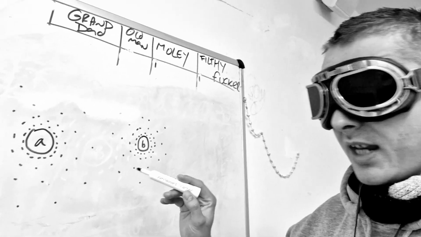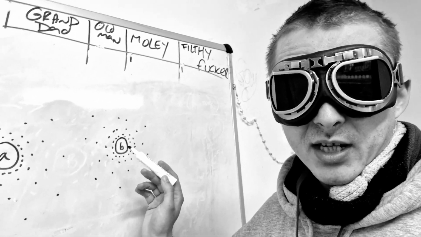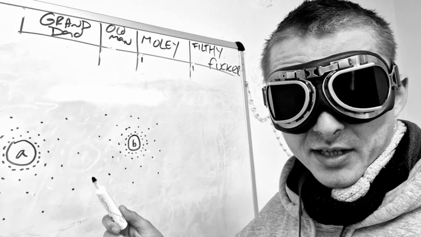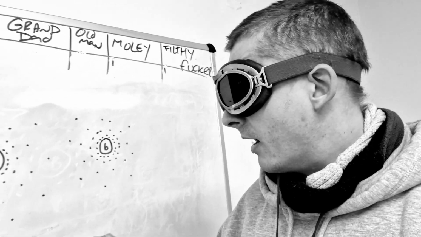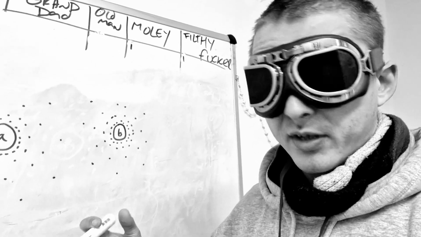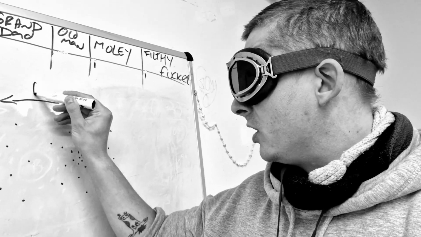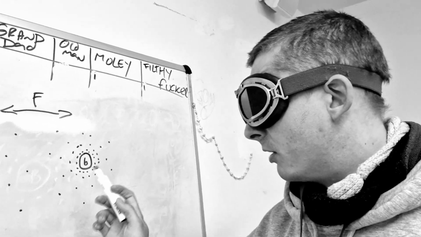So you have two objects, A and B, and these might be anything. These might be atoms, stars, planets, galaxies, anything really from the quantum level upwards that gravitate, that exert a force of gravitational attraction between two objects according to Newton's law. So there exists this force F between these two bodies.